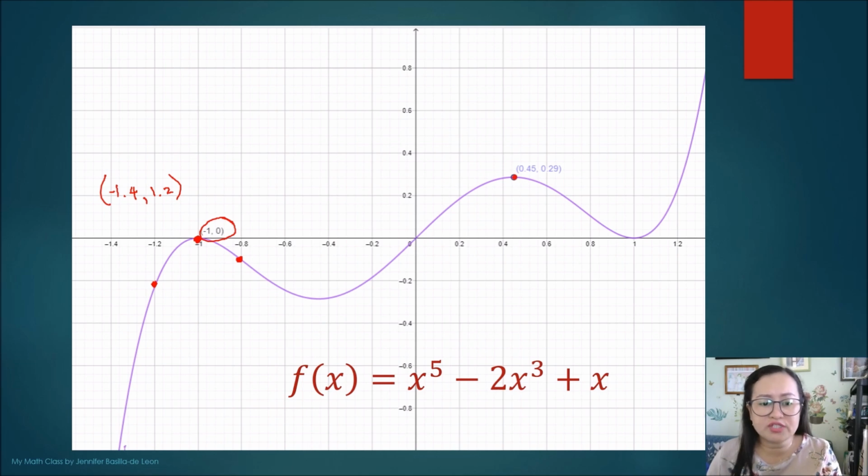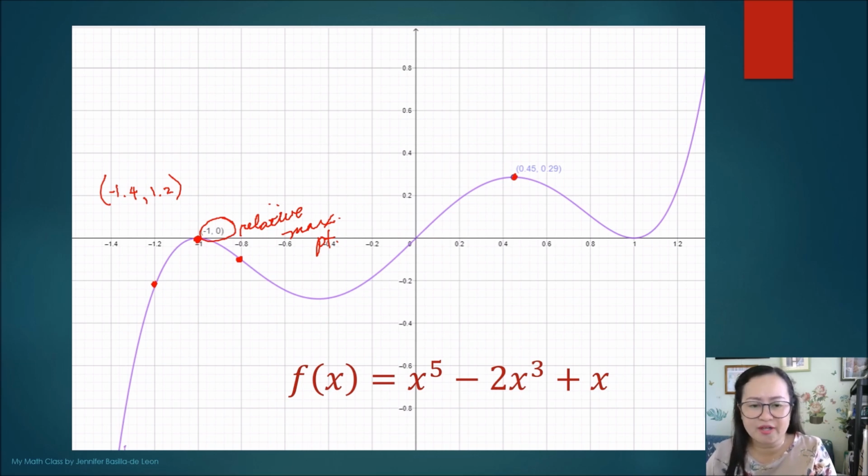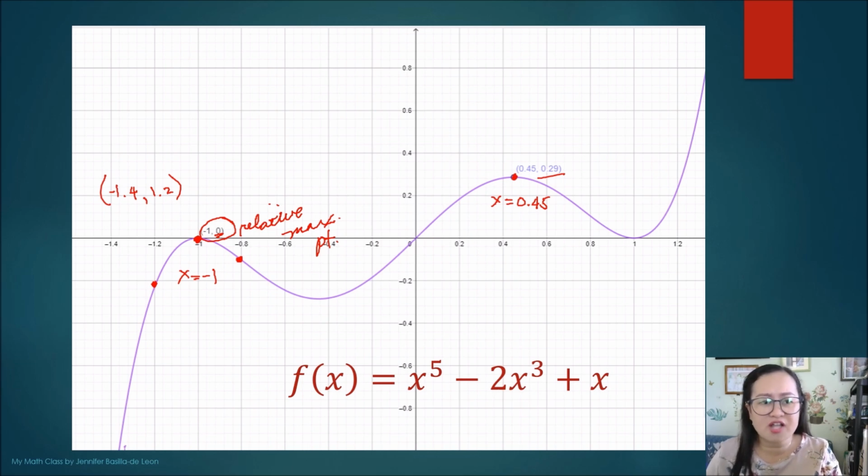Therefore, (negative 1, 0) is a relative maximum point of the function, aside from (0.45, 0.29). In addition, at x equals negative 1, the relative maximum value of the function is 0, while at x equals 0.45, the relative maximum value of the function is 0.29. I hope you were able to grasp the concept of the relative maximum value of the function.